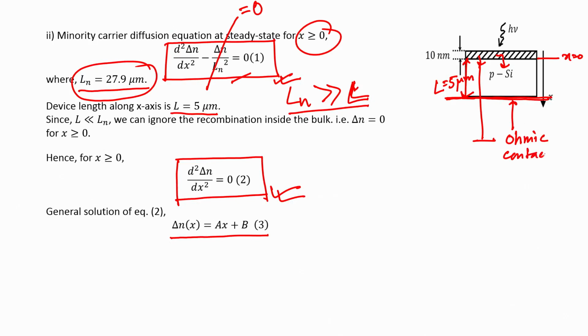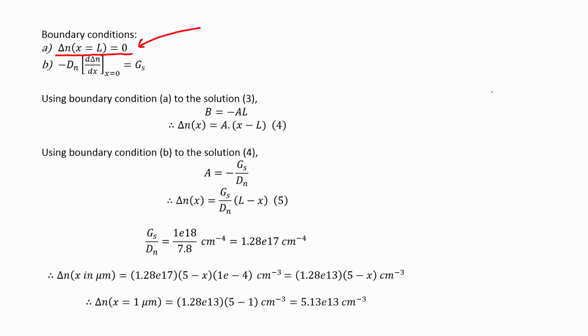This ensures that whatever excess electrons are coming at this point will be immediately removed by that electrode, so that a thermal equilibrium condition can exist. So, your del n at x equal to L becomes 0 because of that perfectly ohmic contact.